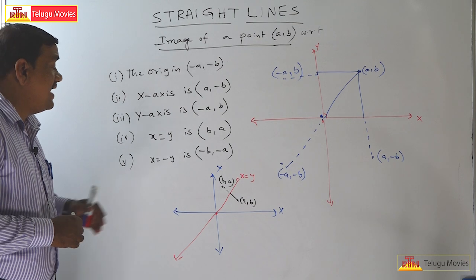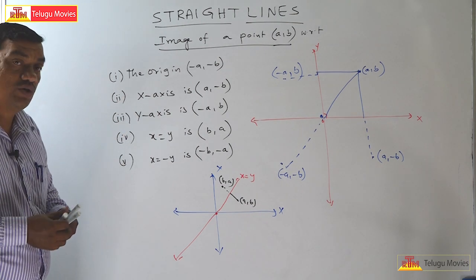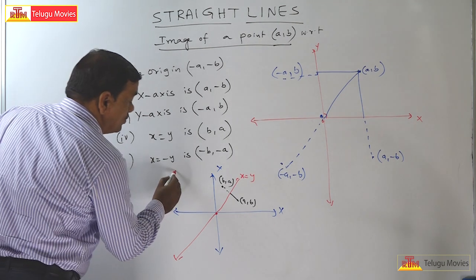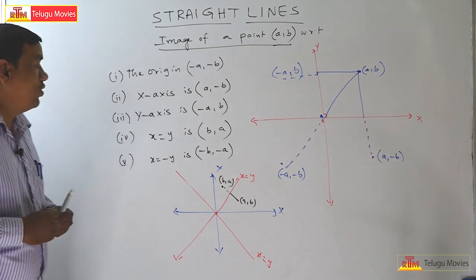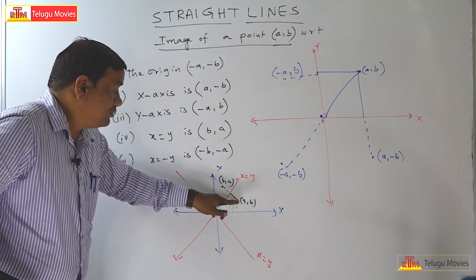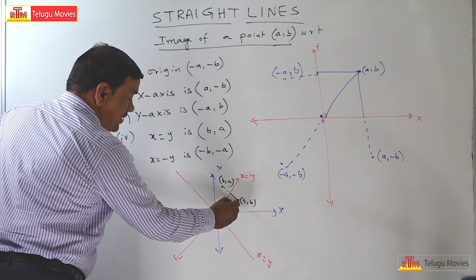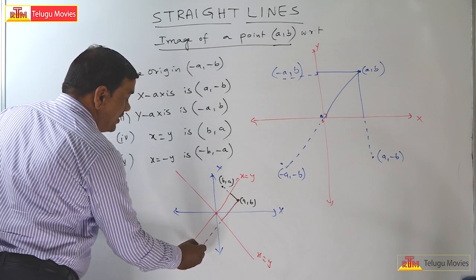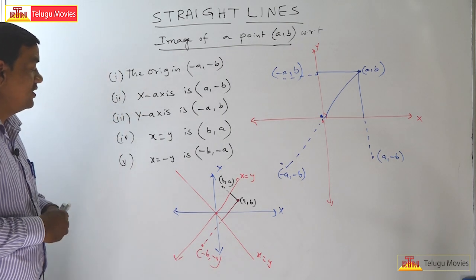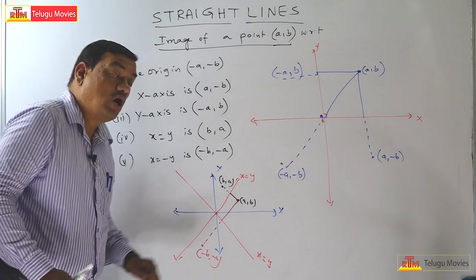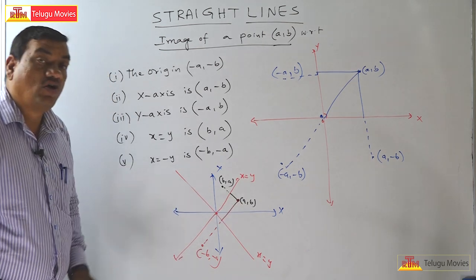Right. Now the image of the same point a comma b with respect to the line x equals minus y: with respect to this line, the image of a comma b will be here. So this is minus b comma minus a. So this lies in the third quadrant. If a comma b lies in the first quadrant, its image lies in the third quadrant.